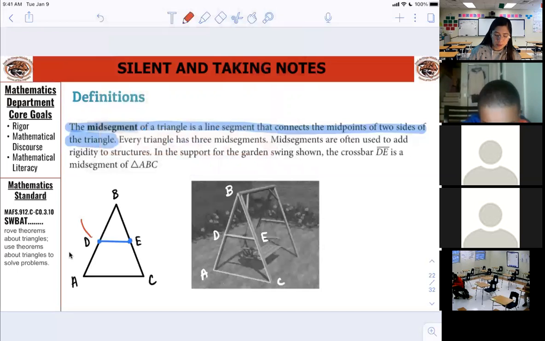Okay. If, like you just said, D is the midpoint, what would be congruent? AB and BC? No, that doesn't tell me that. D is the midpoint of what? AB. Of AB. So what two sides are equal?